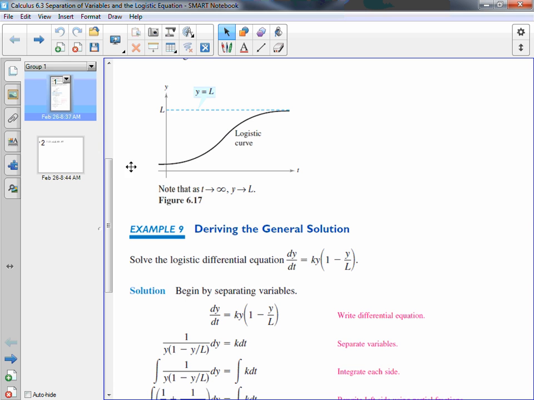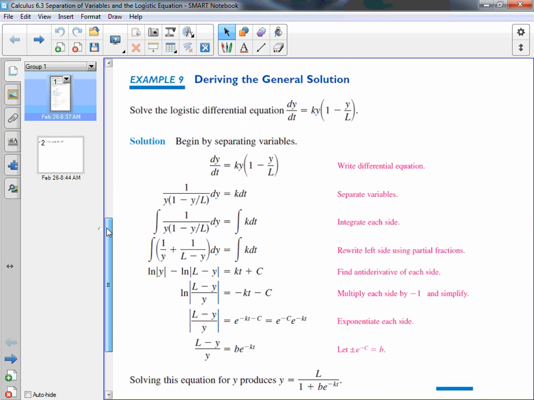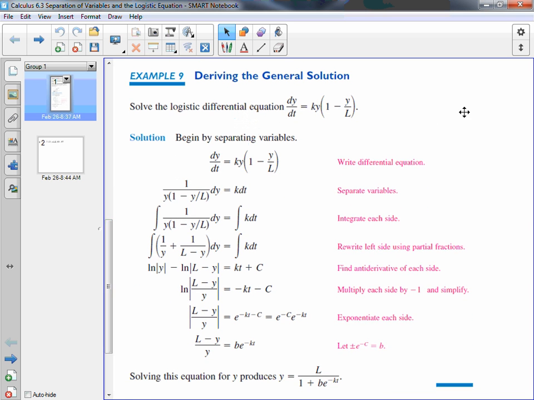Okay? Now, let me show you how they derive that general solution. So it says solve the logistic differential equation dy/dt = ky(1 - y/L). So we begin by separating the variables. So let's see, what all did they do there? They had to multiply both sides by dt.